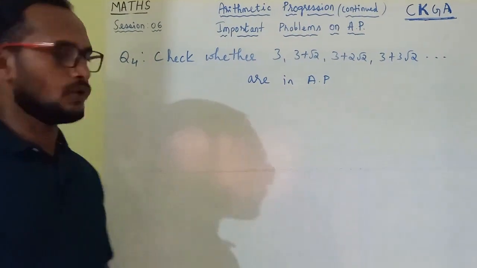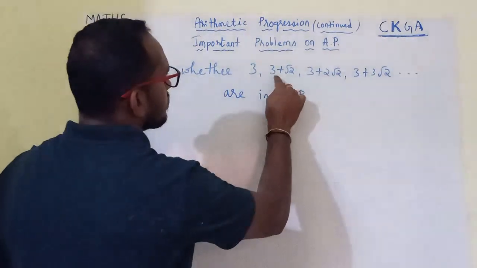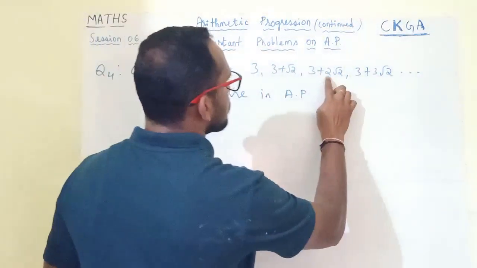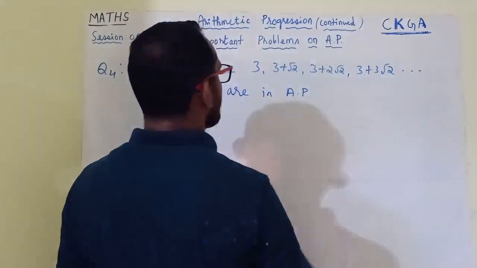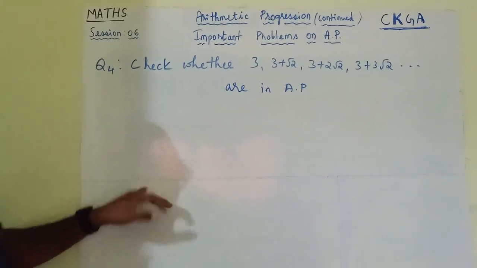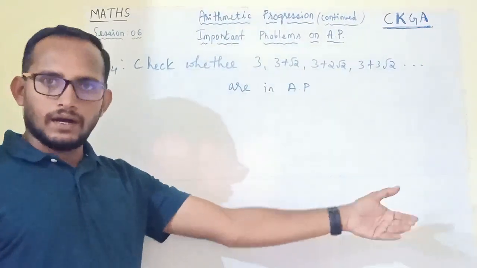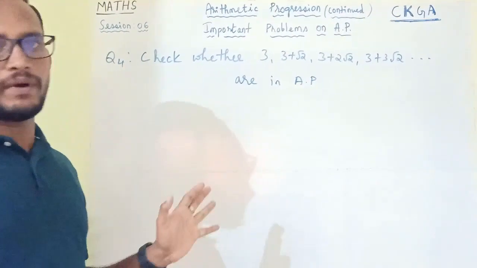Now question number 4. Check whether 3 plus root 2, 3 plus 2 root 2, 3 plus 3 root 2, etc. are in AP. As I mentioned, if you want to check whether some sequence is in AP, you need to find the common difference.